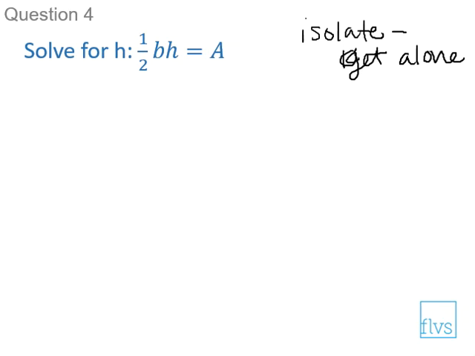So we have to get everything else to the other side. Well, notice it's all being multiplied. Okay, so this is a tricky one, the 1/2. So I could divide by 1/2, or I could phrase it as multiplying by 2, right?